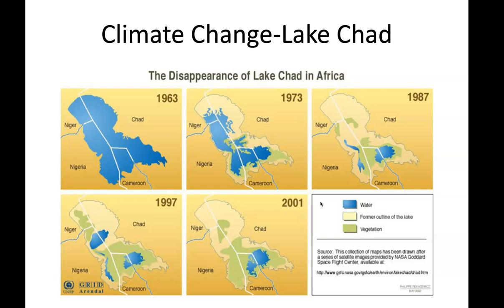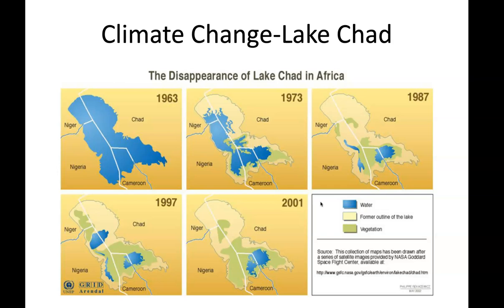Okay, we go back to 1963, Lake Chad looked pretty vibrant. Okay, it was a healthy lake, but it's been disappearing over the last 5 decades or so. You go by 1973, the area of the lake had reduced considerably.